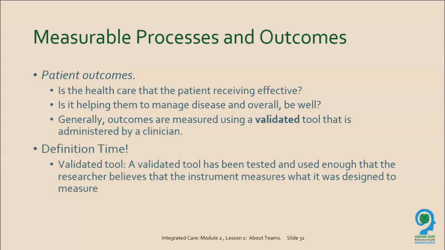In this case, validated, definition time, means a tool that has been tested and used enough that the researcher believes that the instrument actually measures what it was designed to measure. So it might be a depression scoring tool, it might be something else, but it's been used enough and then lined up with results that we've got a pretty good feeling that it's an accurate measure of whatever it is you're trying to measure.